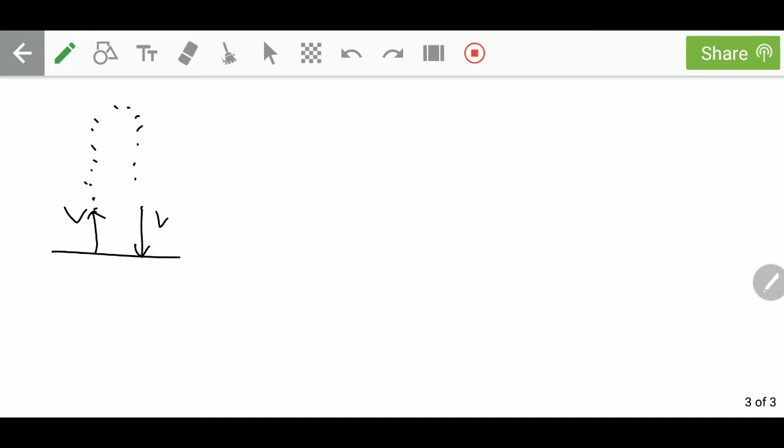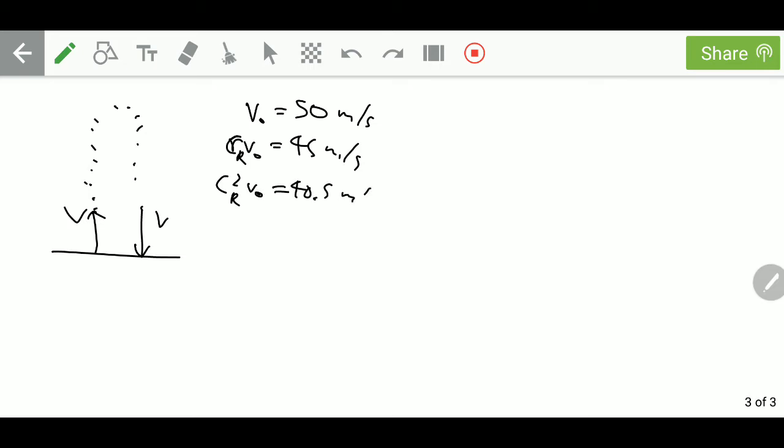And thus we know that the velocities are going to look like v naught, which was 50 meters per second, and then C_r v naught, that's 45 meters per second. Then we're going to have C_r squared v naught, because it'll get multiplied by C_r again, and then C_r cubed, and so on.